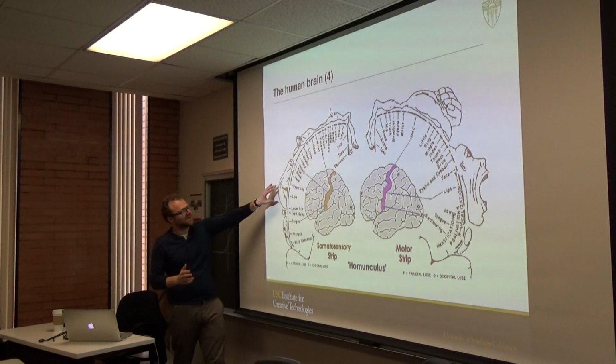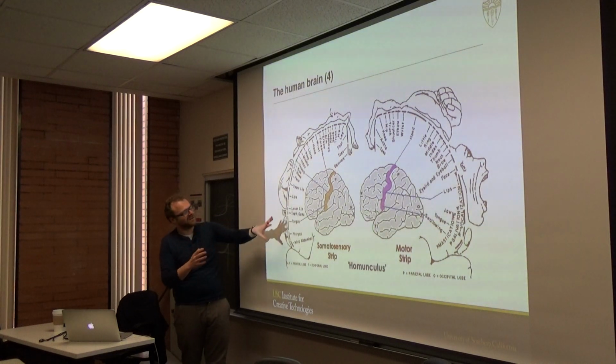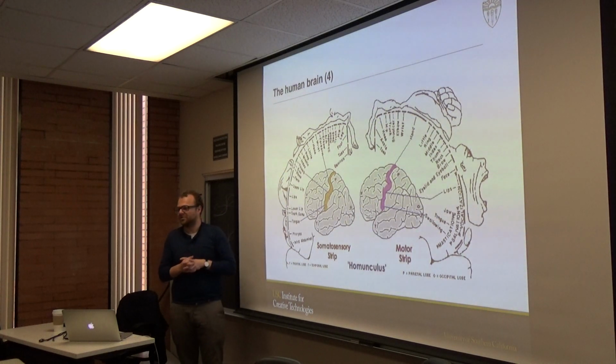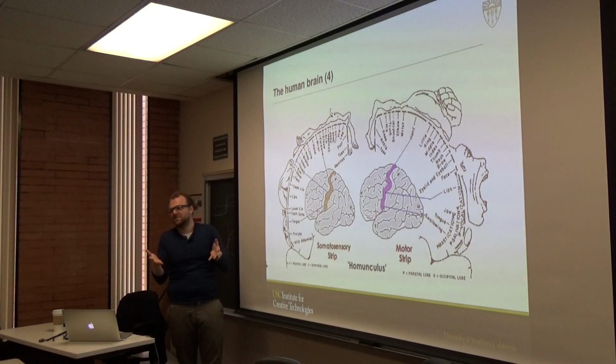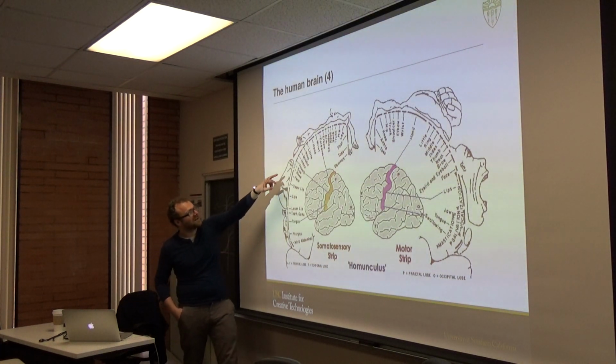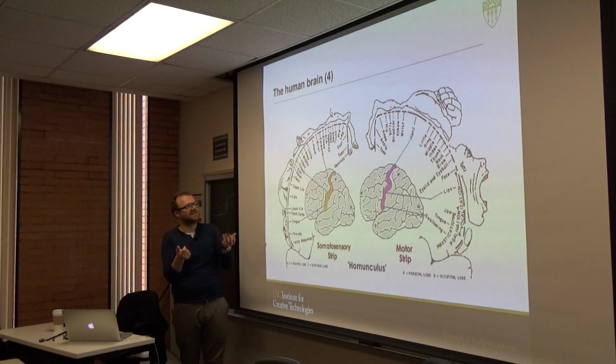That means that out of the entire availability of the neurons, a lot of them are allocated for very small parts of your body. So the lips get a very large allocation of neurons because it's so important for us to feel with the lips or the tongue, for example, or the fingers. And so your hands and your fingers are very, very sensitive.